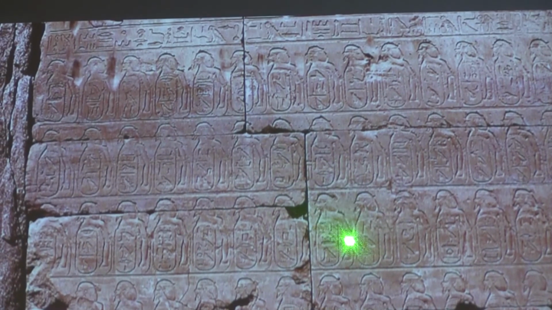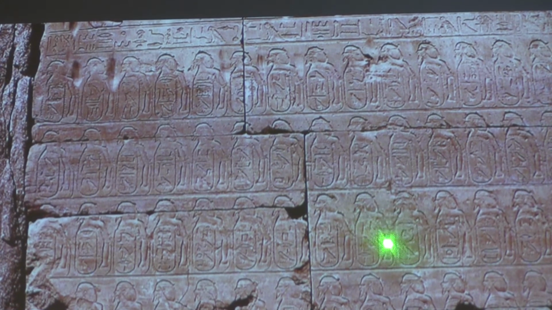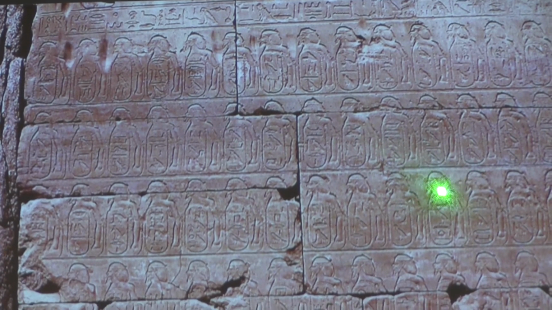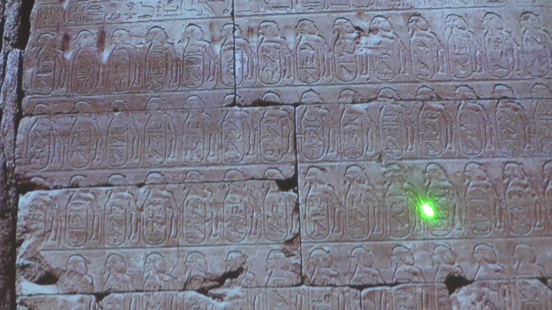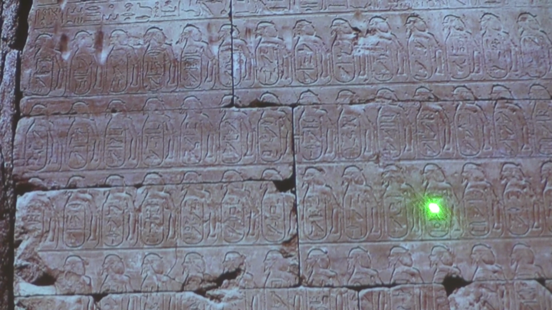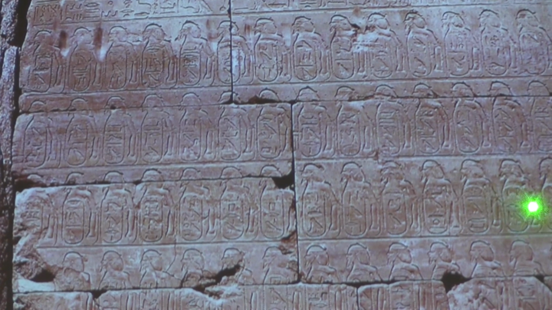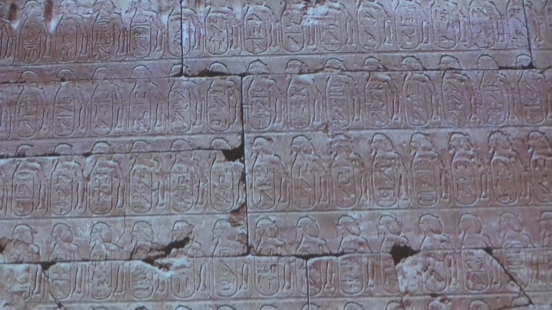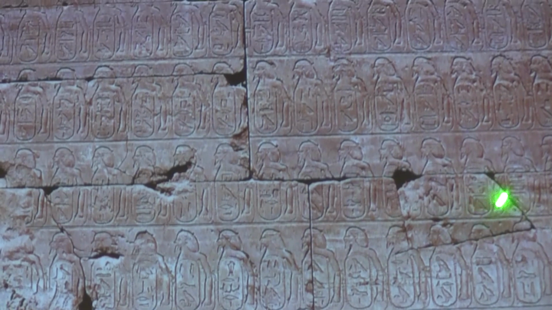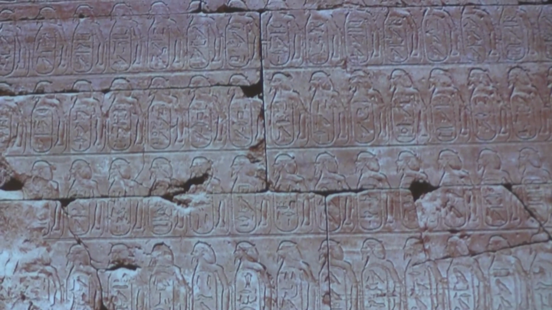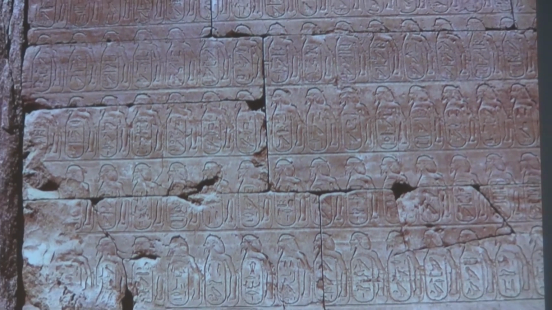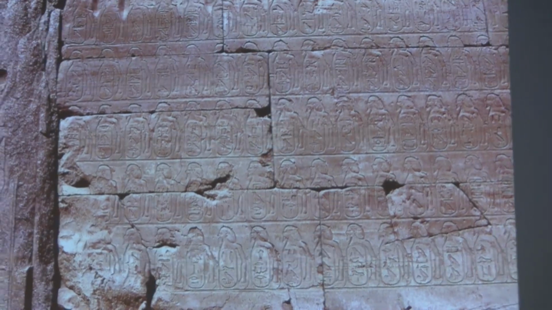Each one of these little oval shapes that has a head on the top of it is a cartouche, and it's got the name of a place that he has conquered. And it works its way up. Notice there's a fair number of people who have come under his dominion. Over on this panel, there's a large picture of him wielding his war apparatus.